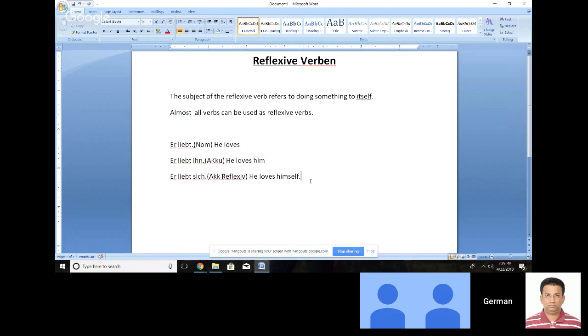The reflexive pronouns may be accusative or dative. In dative also we can have the same example. Er hilft would be nominative. Er hilft ihm is dative.